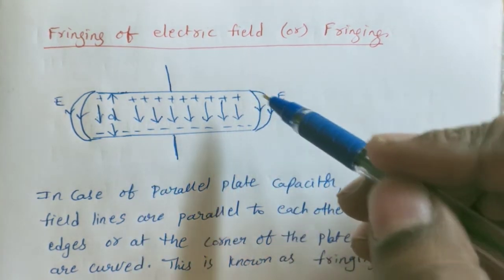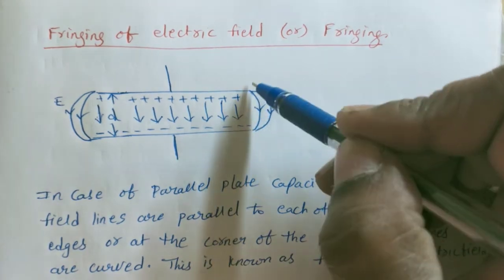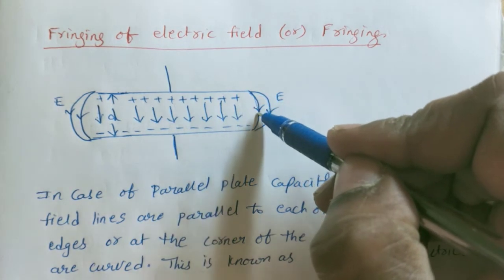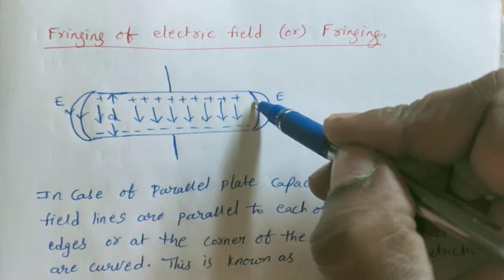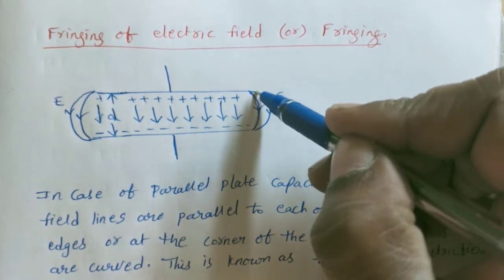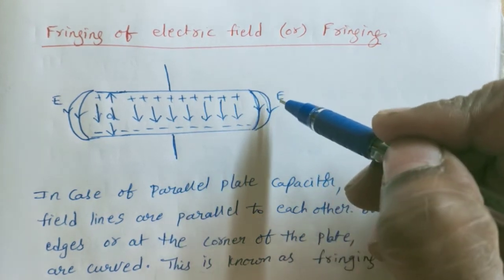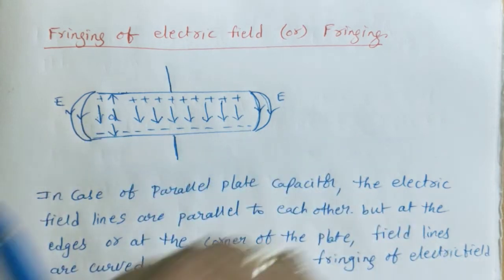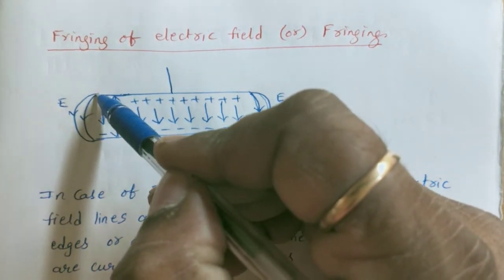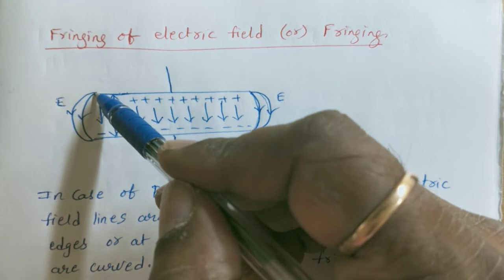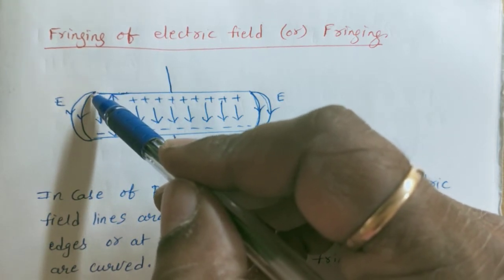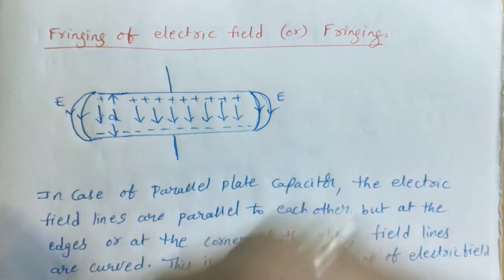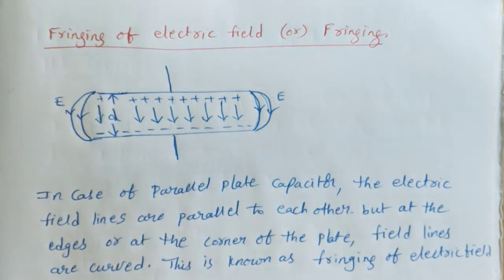But in the diagram, at the edges or at the corners of these plates, we observe some curved electric field lines. For example, this is one curved field line and this is another curved electric field line. Similarly, this direction is also observed. So at the edges or corners of the parallel plates in a capacitor, we observe some bending of the electric field lines. Those we call fringing.